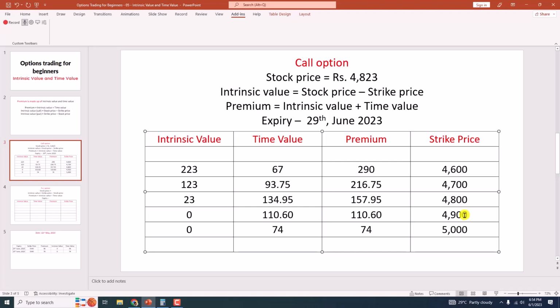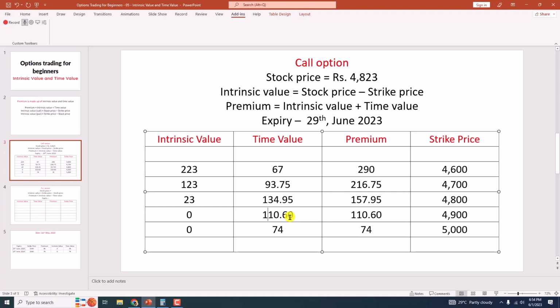For that I still have many days, and for those days we are paying some money, and that is called time value. Now this time value goes on decreasing, and upon expiry the time value will be 0.